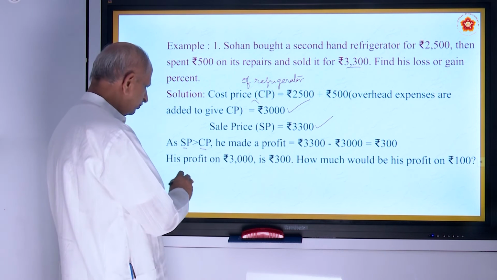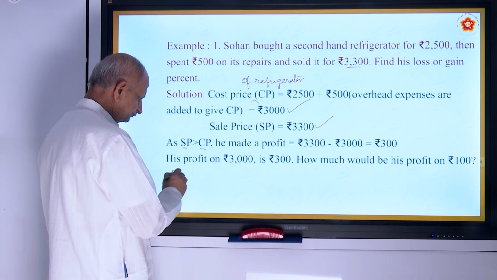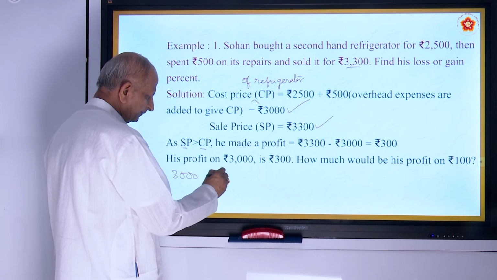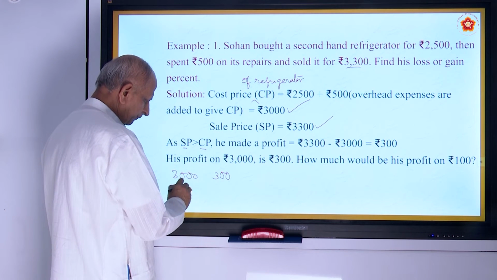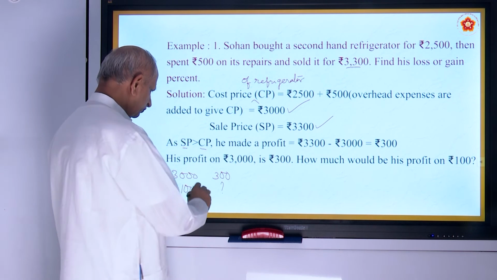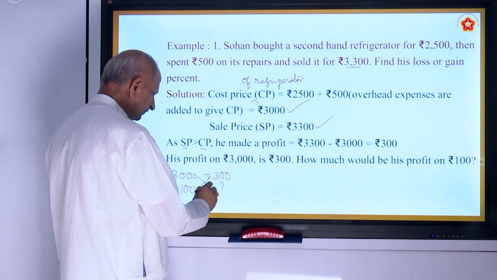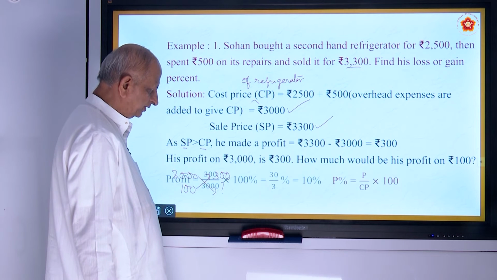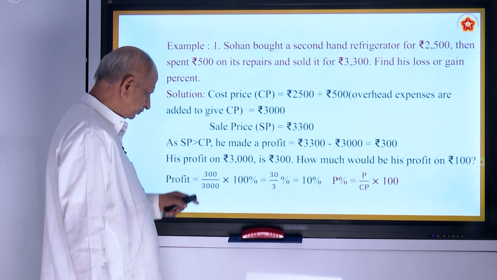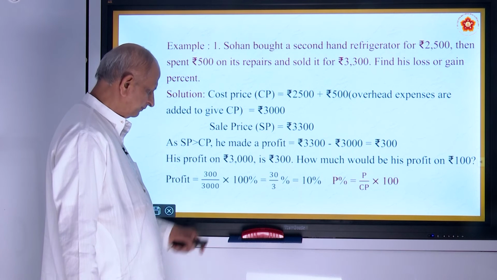Then they are asking percentage. For 3000 rupees, how much profit? 300 rupees profit. For 100 rupees, how much? That is called percentage of profit. So, 100 into 300 by 3000. How much does it come to? It comes to 300 by 3000 into 100.